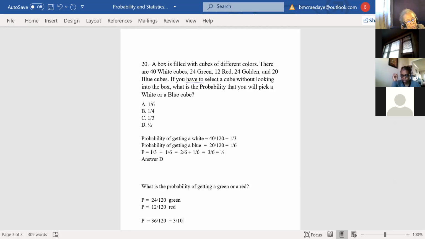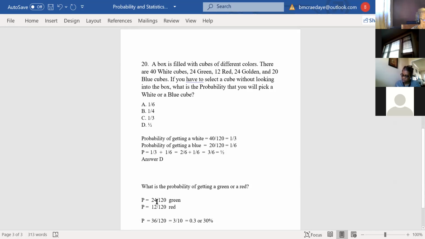So that would be 3 over 10, or as a decimal 0.3, or 30%. So the probability of getting a green or a red would be 30%.